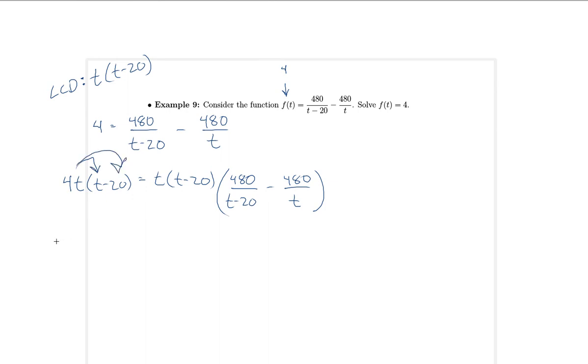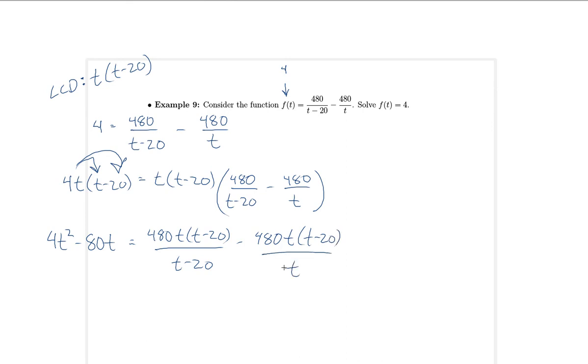So 4t squared minus 80t. And then here, 480t times t minus 20 divided by t minus 20. And then minus 480t times t minus 20 over t.